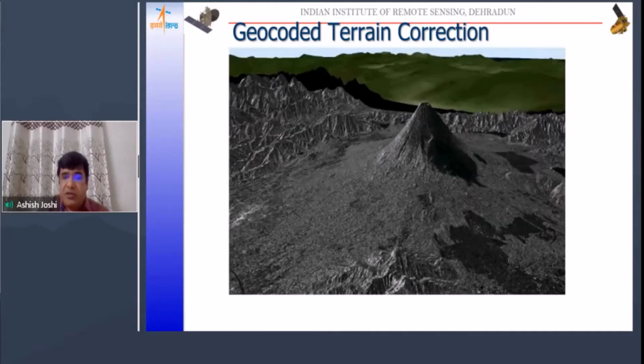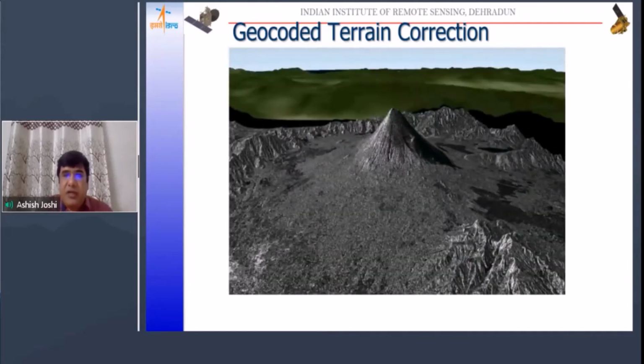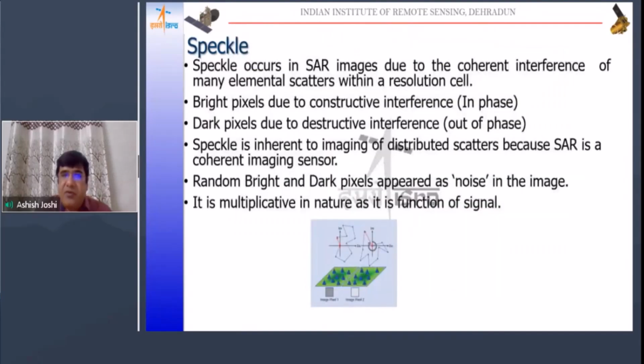So now we have talked mostly about the geometrical aspects, meaning how the geometry is corrected from the level one product, and we are using the geolocation equations and the geocoding algorithms for correcting the geometrical distortions of the SAR. In our last webinar, we went from the raw data to the SLC data, meaning the slant range product, using signal processing techniques.